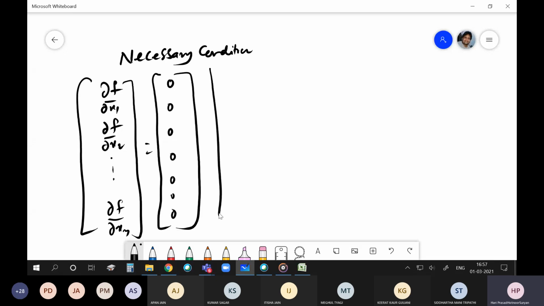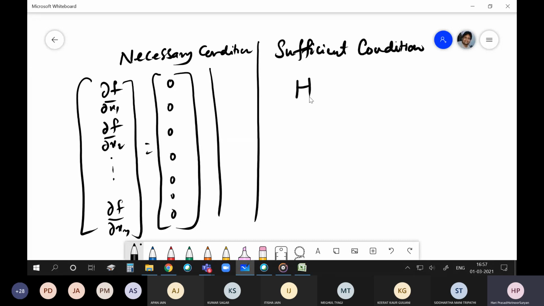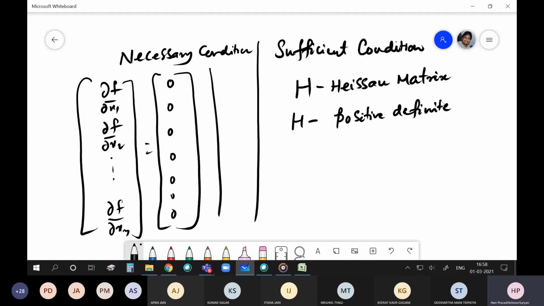The sufficient condition is on the Hessian matrix H. If H is positive definite, you will have a local minima.